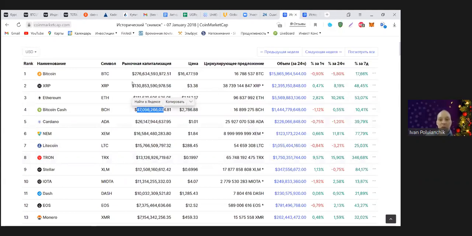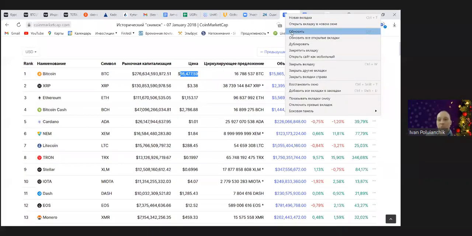And when I came to that market, I realized that Bitcoin will cost a lot eventually. And in 2017, it reached its peak of $20,000 per coin.